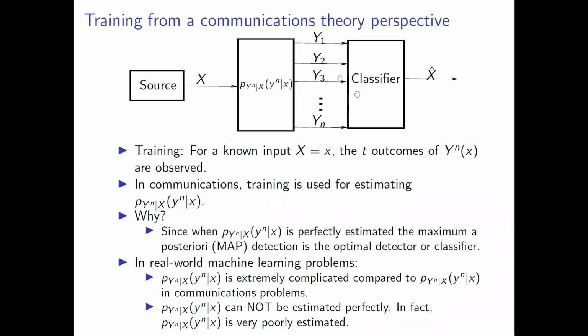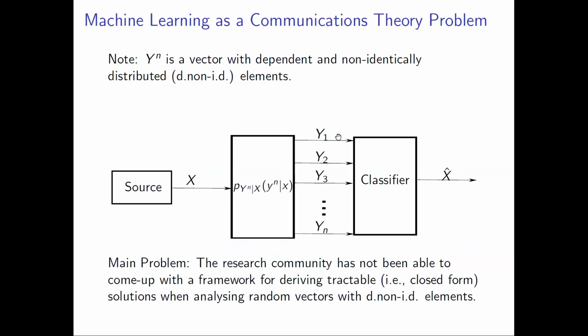So how can we make a classifier which can detect what is the input to the channel when that channel is very poorly estimated and very complicated? The problem is even more emphasized because this vector at the output of the channel is comprised of elements which are mutually dependent and non-identically distributed.